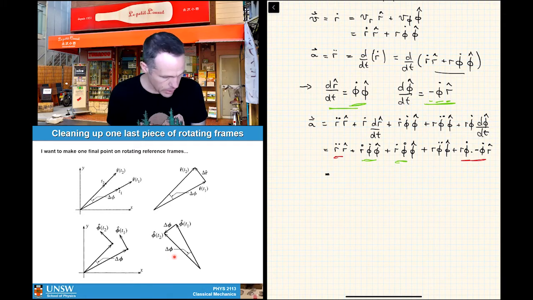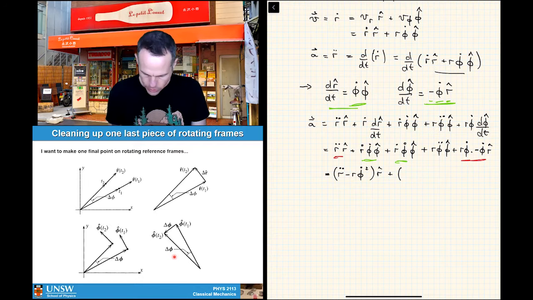So what we'll get here is r double dot minus r phi dot squared r hat plus all the green terms will add up to give us r phi double dot plus 2 r dot phi dot phi hat.